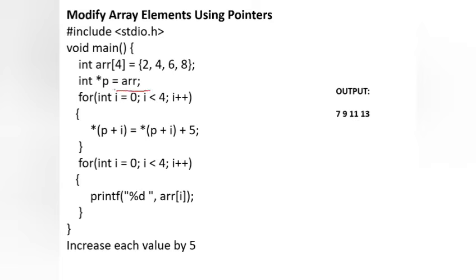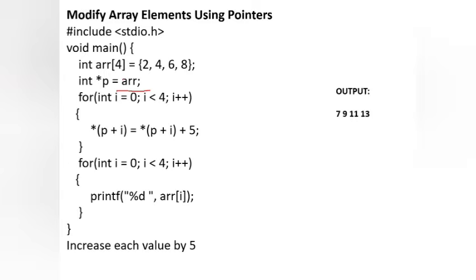Star p equal to ARR. There is no ampersand. Why? Because it is an array. An array is a collection of elements, so it has a memory address. The base address of the array is ARR of 0. So if you normally mention the array name, it will automatically refer to the address.